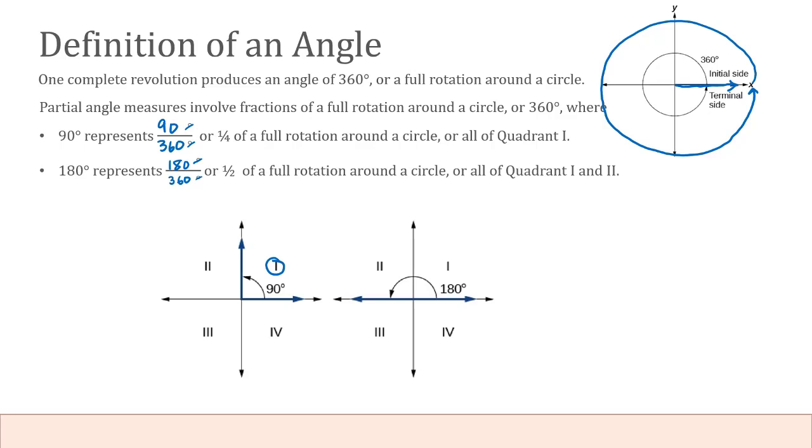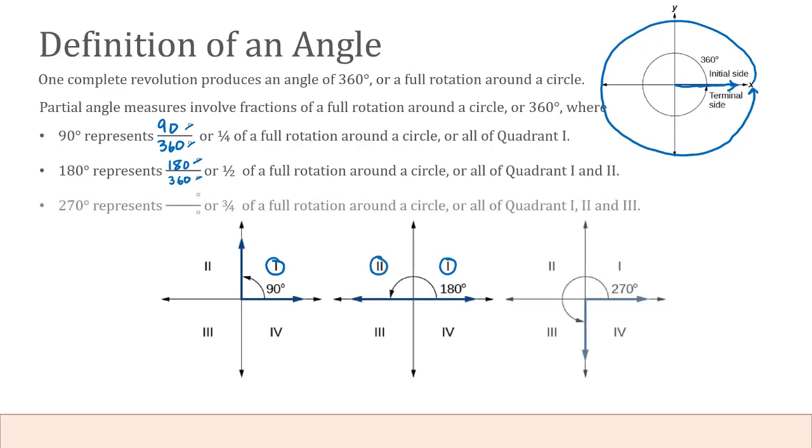Again, the degree units cancel, and the fraction reduces to 1/2 of a full rotation. 1/2 of a full rotation around a circle takes us through not only quadrant 1, but also quadrant 2. 270 degrees represents 270 out of 360 degrees, which is 3/4 of a full rotation when we reduce, and takes us through not only quadrant 1, but also quadrant 2 and quadrant 3. Going all the way through to quadrant 4 is what our full rotation of 360 degrees is.